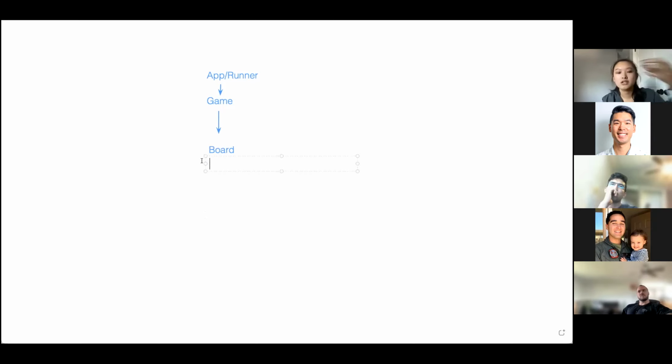I actually coded this for one of my past projects, so I know that the board is a 23 by 23 grid. What I have in green will be properties of a class. And after we fill that out, we can move on to talking about methods of a class, or capabilities of a class.